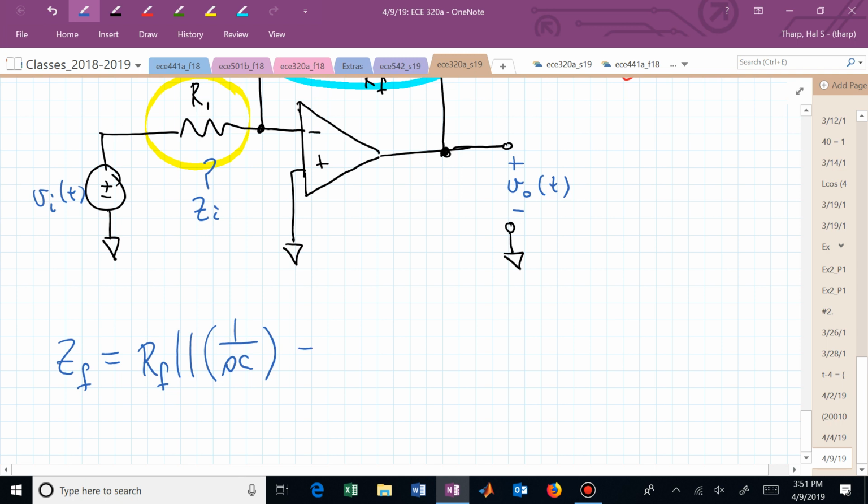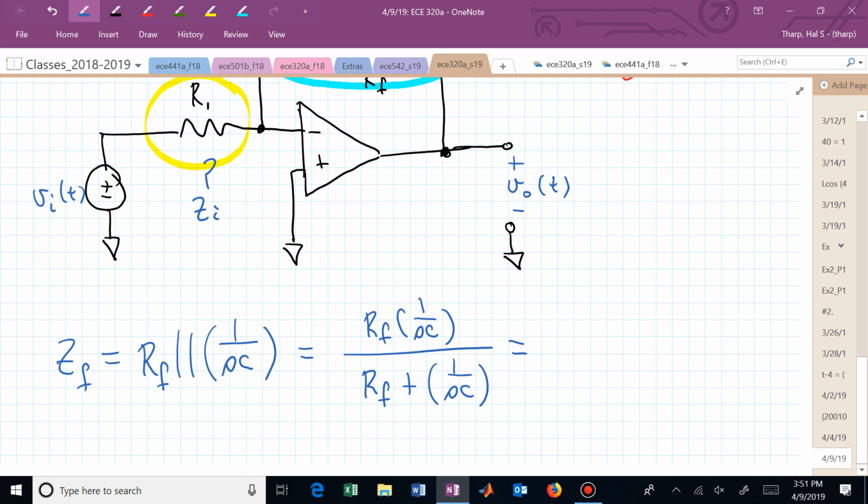And if you remember the formula for combining two parallel resistors, you can just generalize that to impedances. We have the product divided by their sum. And if you put both numerator and denominator over the same common denominator of SC, those denominators cancel, and you're left now with R sub f over S R sub f C plus 1.